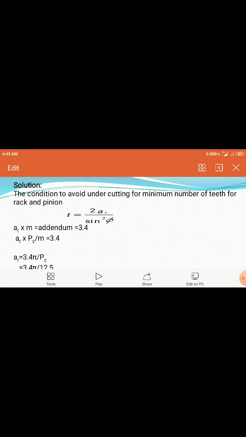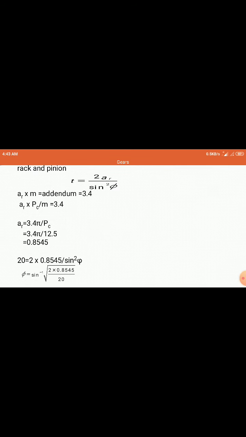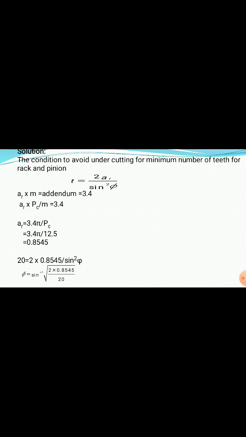Now with this equation we can simplify by substituting values. The module value m is not given, but the circular pitch is given.